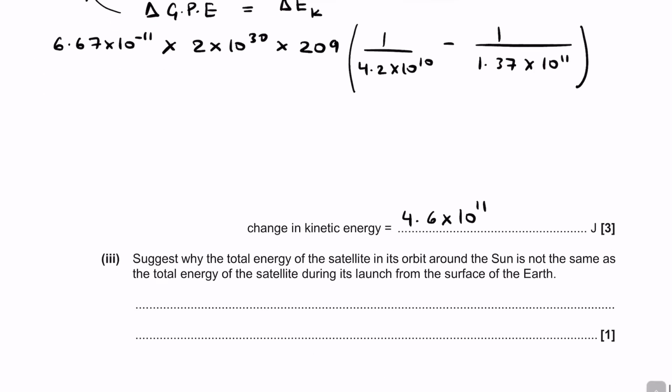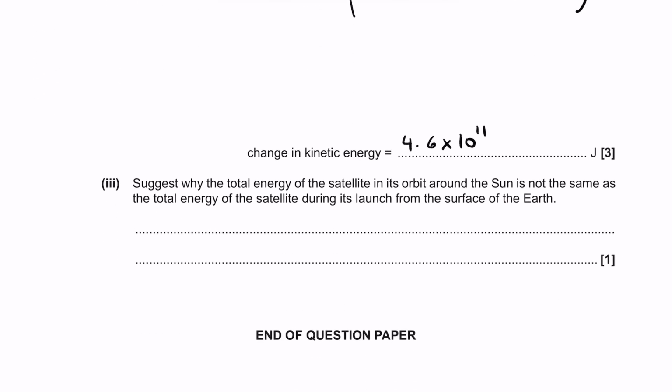So that's that. Finally, the last part. Suggest why the total energy of the satellite in its orbit around the Sun is not the same as the total energy of the satellite during its launch from the surface of the Earth. Well, that's because of air resistance.